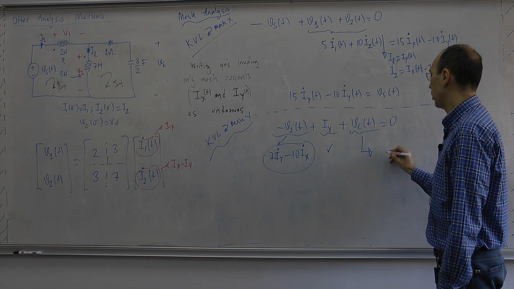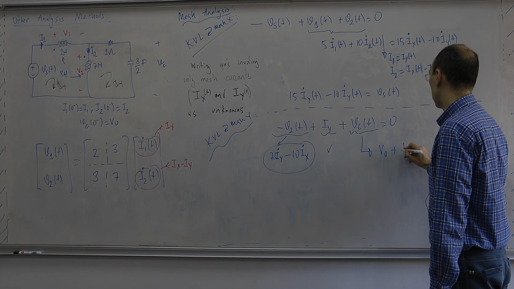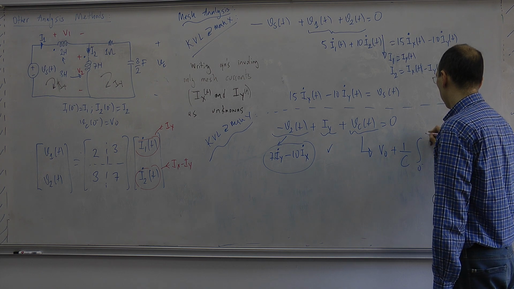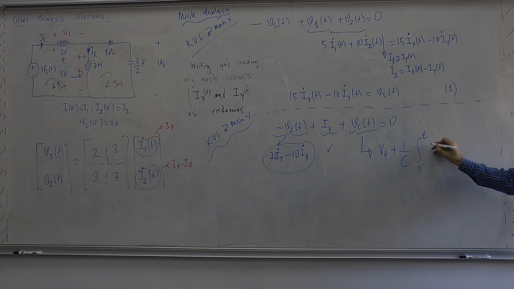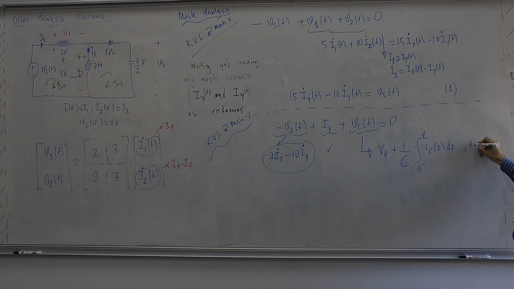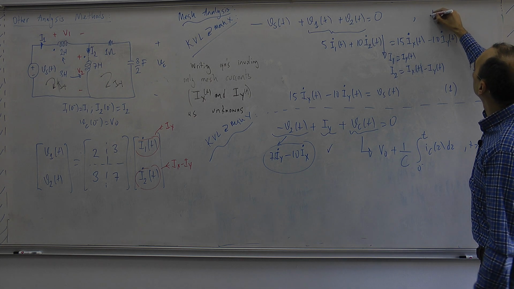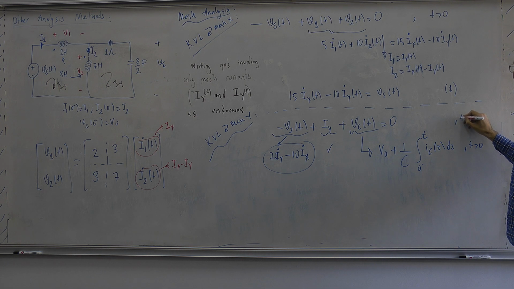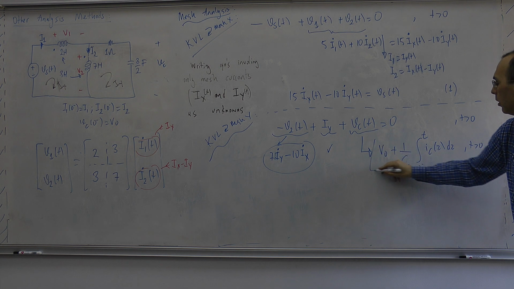So we use the terminal equation for the capacitor. Am I right? Integral of IC of tau d tau. And this is valid after the initial condition, which I want, because I'm analyzing this circuit after the initial condition. So this equation is what I need.